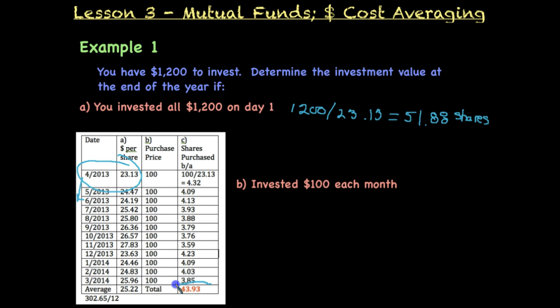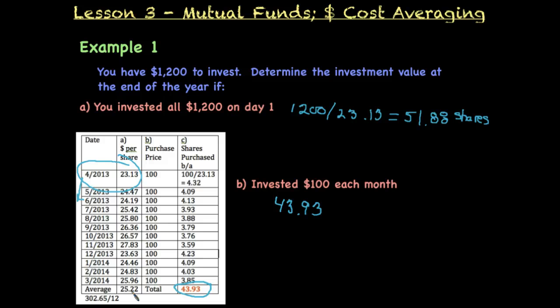So as I said, you can see that by dollar cost averaging, we have purchased fewer shares than what we would have purchased had we invested it all at once back in April. Compare 51 to 43. Then I calculated my average price per share that I paid. The way we do that is, remember, add up all your share prices and divide by how many periods there were, 12, to get an average price per share of $25.22.